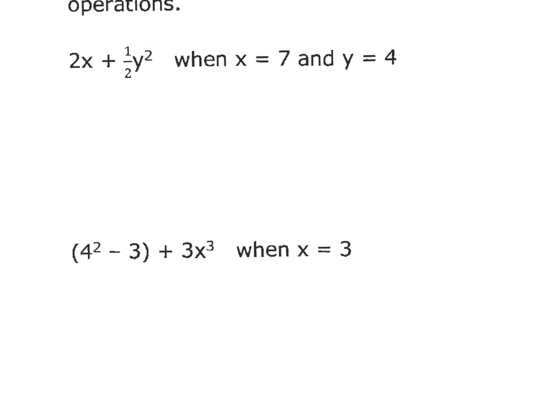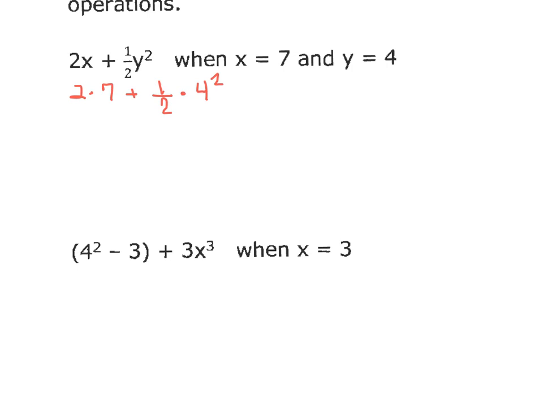For the first one, we have 2 times x, and x is equal to 7. So we're going to write it 2 times 7 plus 1/2 times y squared. Remember, y is equal to 4, so we have 4 squared.